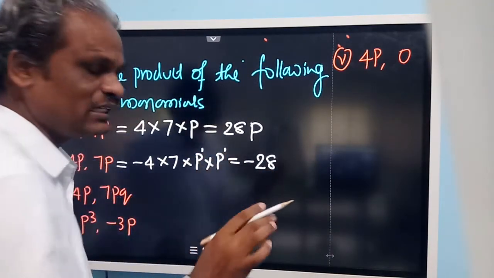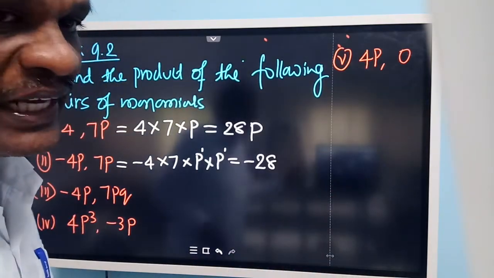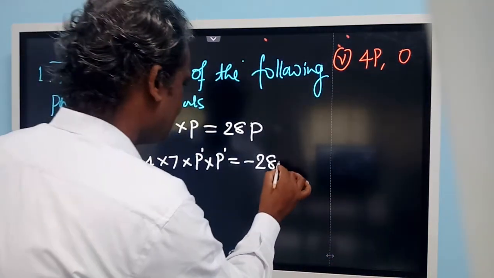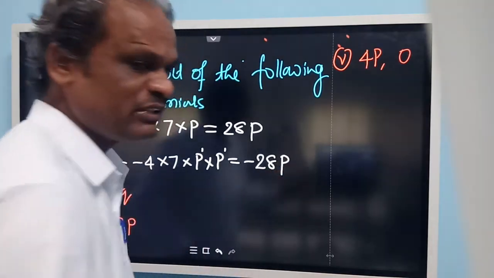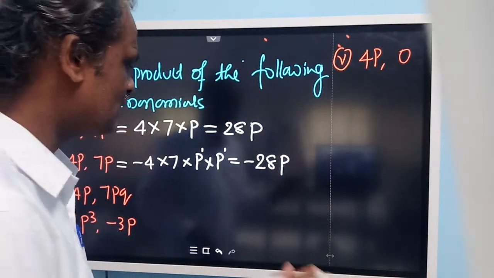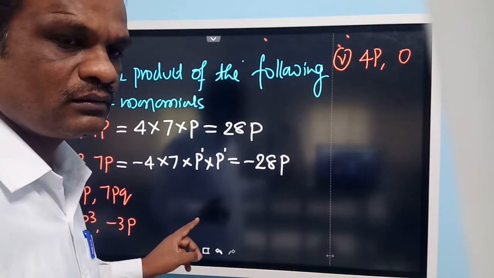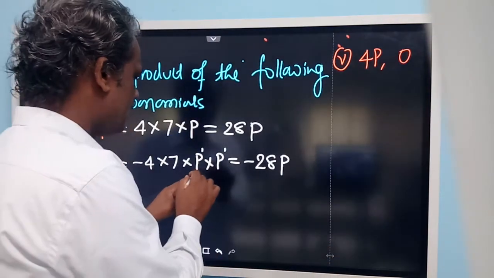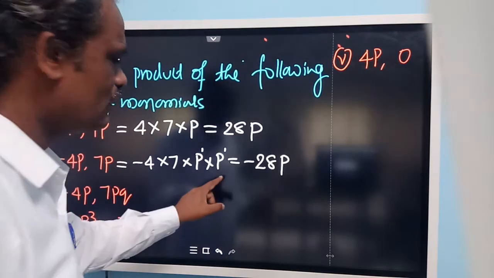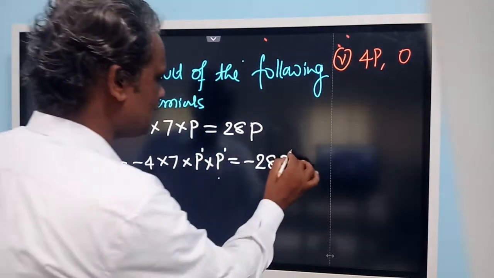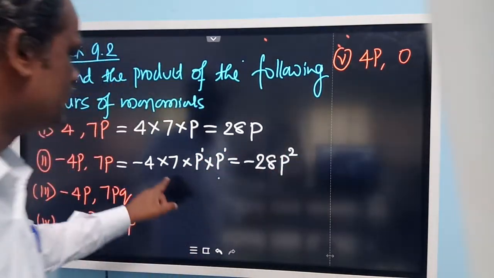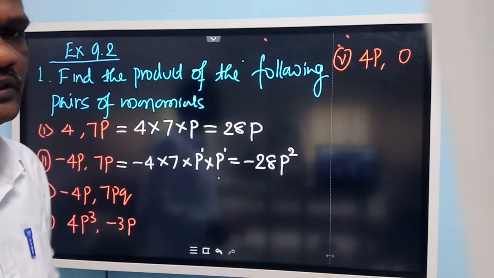When you are multiplying like terms, the same variable, the powers should be added. The chapter laws of exponents says when you are multiplying the variables p and p, you should add the powers. 1 plus 1 becomes 2. This becomes minus 28 p to the power 2.